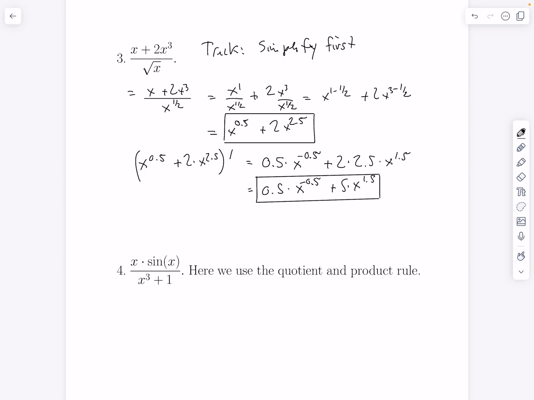I write it out again. f over g prime is f prime times g minus f times g prime over g squared, and f times g prime is f prime times g plus g prime times f.